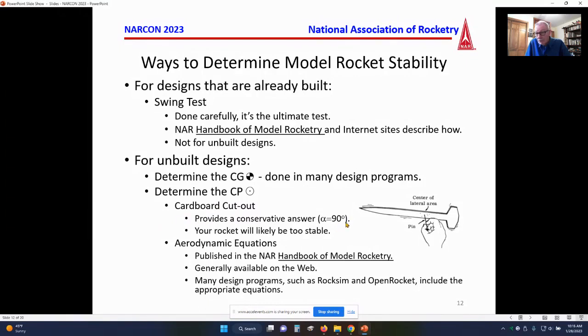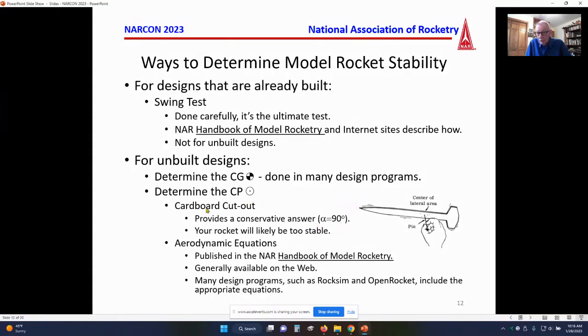The problem is that that answer is actually the center of pressure at an angle of attack of 90 degrees. That's when you're going to be flying sideways, which is not really the way you want to fly. So the rocket will definitely be way too stable.